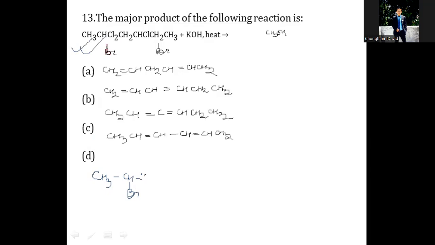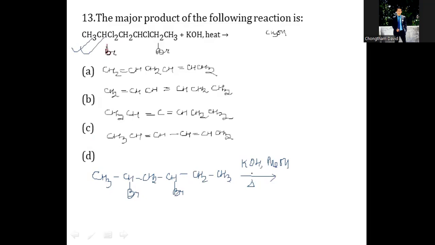CH3, CH2, CH, here you have one bromine, CH2, CH3. It reacts with potassium hydroxide in the presence of methanol. You have to heat this.